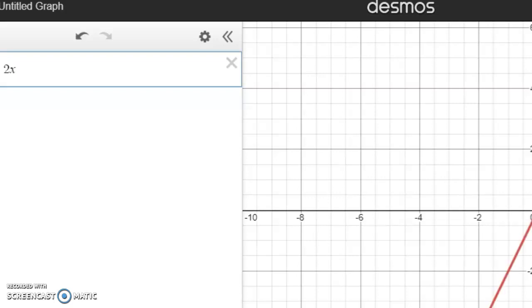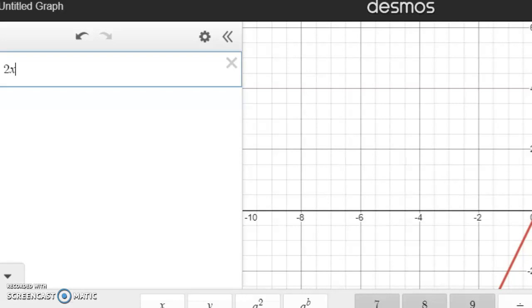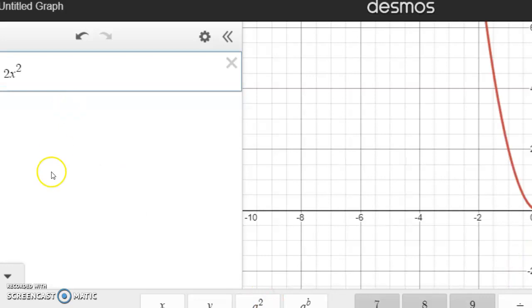Okay, 2x, and down here you pull that up, and I'm not going to be able to see all of it with this. 2x to the 5th, I just changed that from the square to the 5th, minus 5x, oh there it is, a to the b, 5x to the 4th, right here, minus 10x cubed.